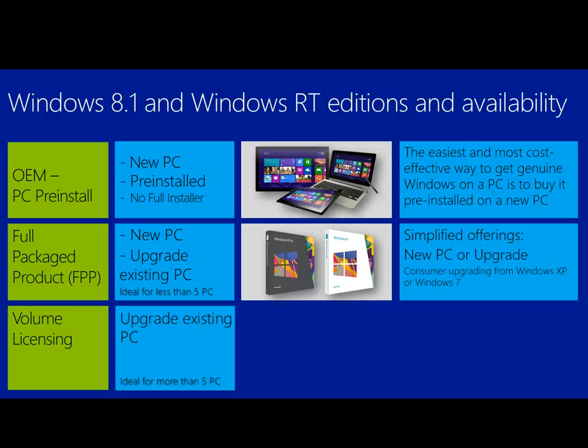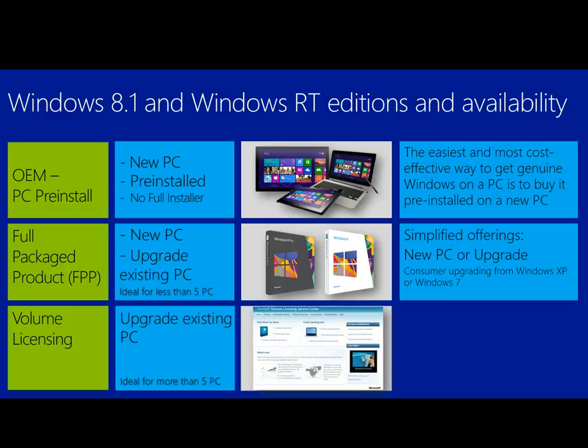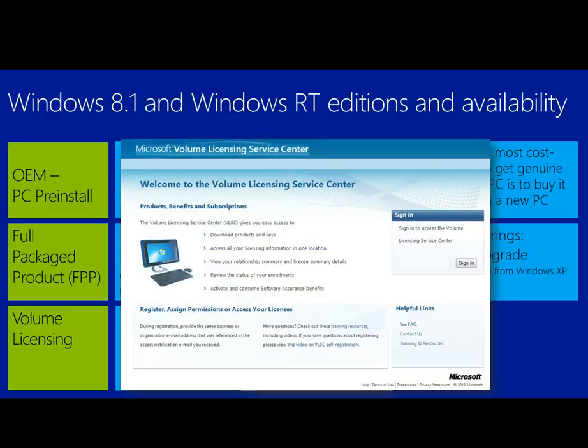Now, next question is, when do you buy FPP for upgrade versus volume upgrade? With volume, as you can see, it's ideal for more than 5 PCs. Why? The installer for volume licensing is on a website called Volume Licensing Service Center. Here's an example.